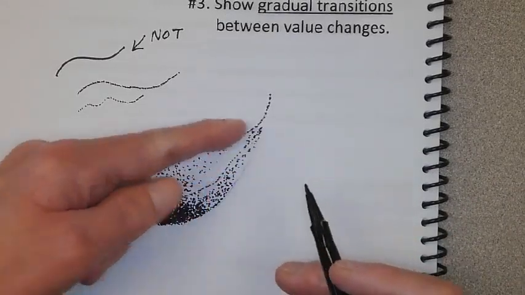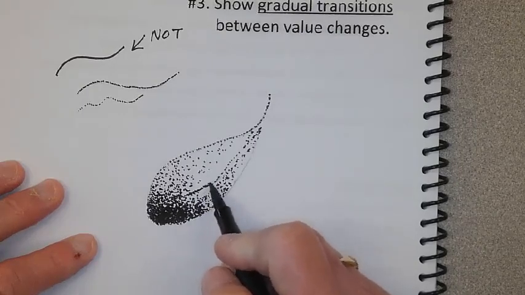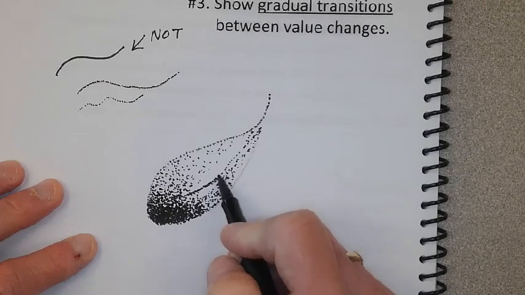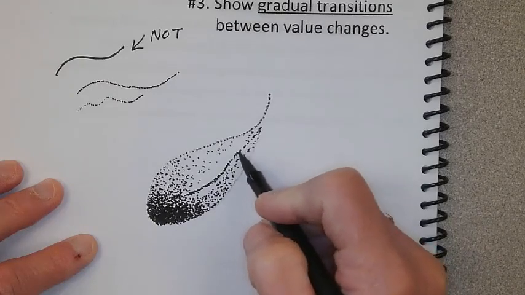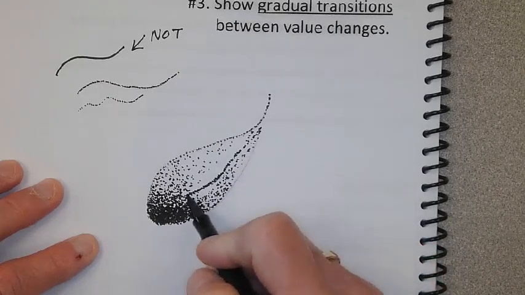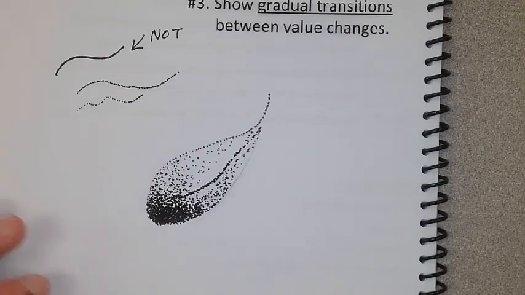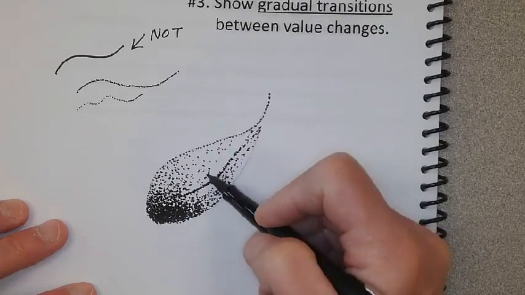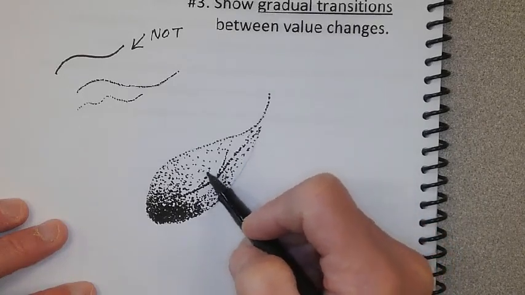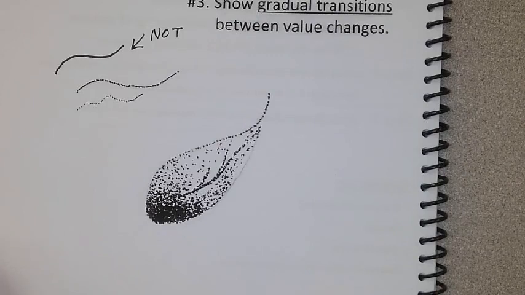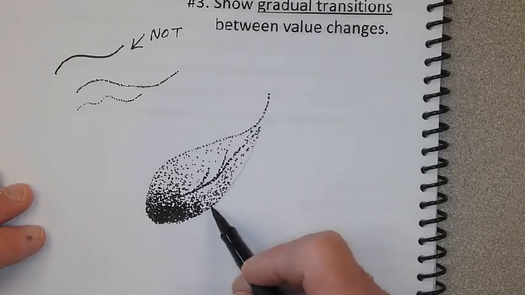Now, let's say I want a veining line in my leaf and I want it to be noticeable. I can get a dark line in there. Maybe I want to put, and again, it's super tempting to take your felt pen and just simply draw, but that is not pointillism.